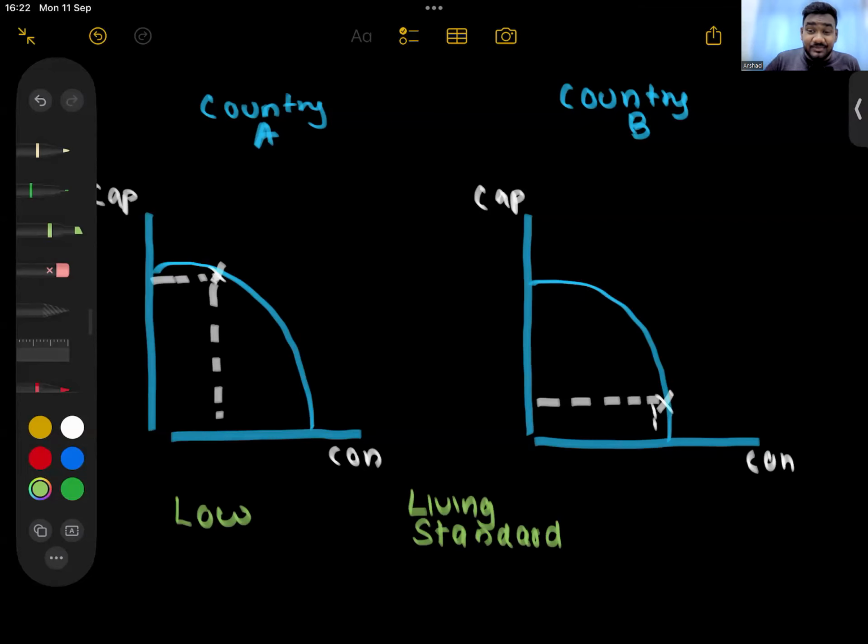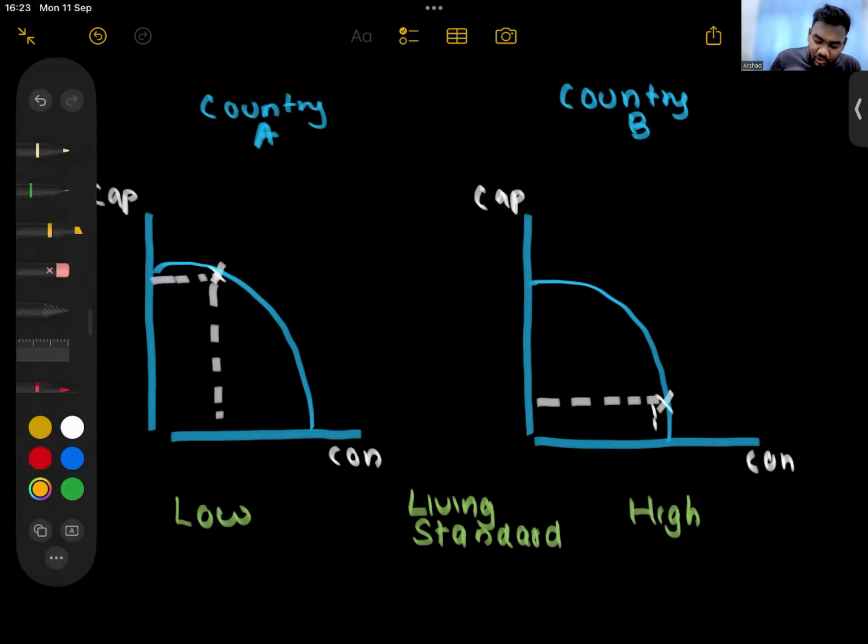A country that is producing more and more consumer goods will have a higher level of current living standard. Is that clear? Whichever country is producing more consumer goods has a higher current living standard.